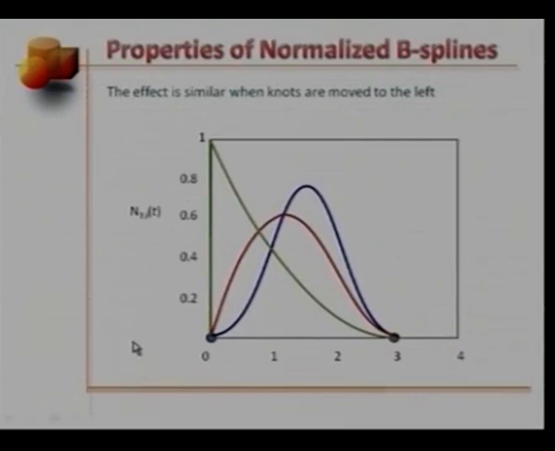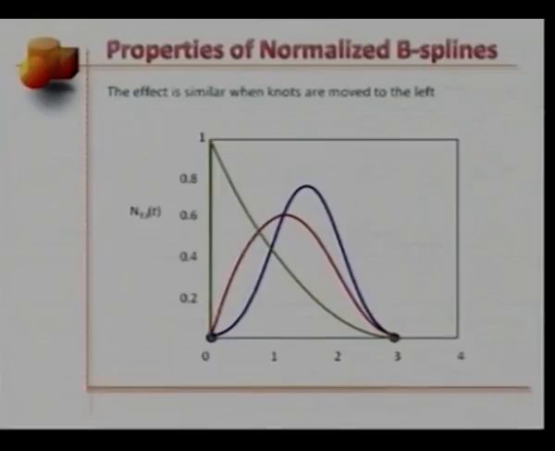Why do you think this would happen? Why is it that if we increase the multiplicity of a knot, we tend to reduce the continuity conditions at that knot one by one? We'll discuss this in the later part of this lecture.